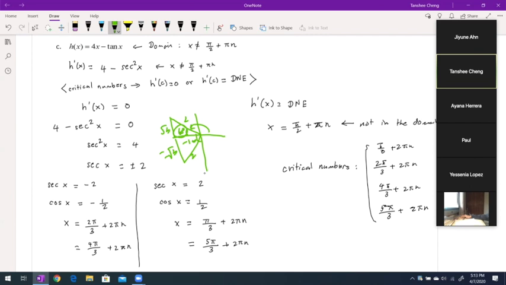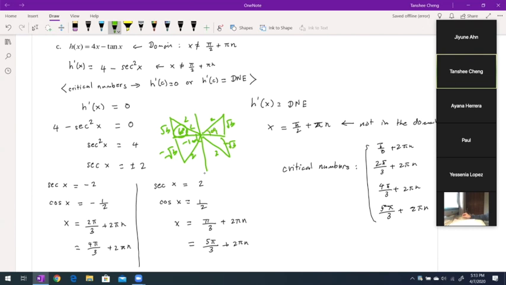Then moving to the second case, same thing. When secant is positive 2, secant x is equal to 2, that's the same thing as saying cosine x is equal to 1/2. When cosine is a positive value, that will be in quadrant 1 or quadrant 4, because that will be 1, 2, radical 3, and 1, 2, negative radical 3.